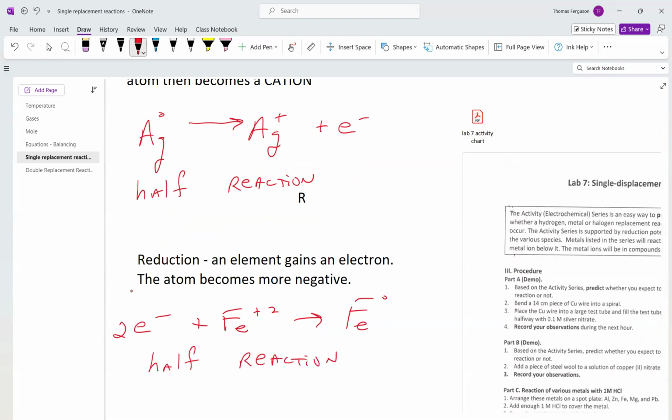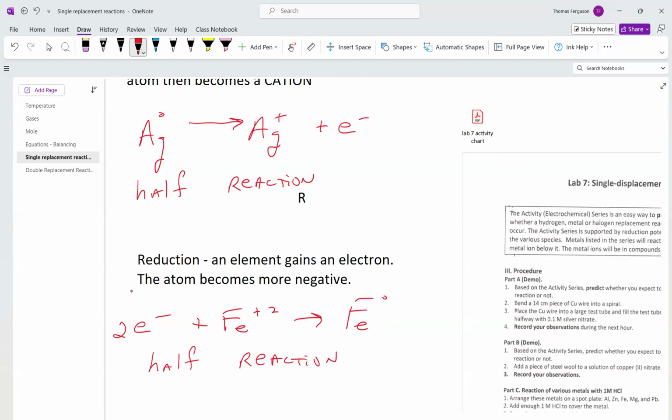Okay, so that's another type of half reaction. So we have losing and gaining, and they have to happen together, no exceptions. When one electron is freed up, it's got to go someplace. If it doesn't go anyplace, it's called beta radiation, which is very bad. So there's always something to accept that electron that's being transferred.